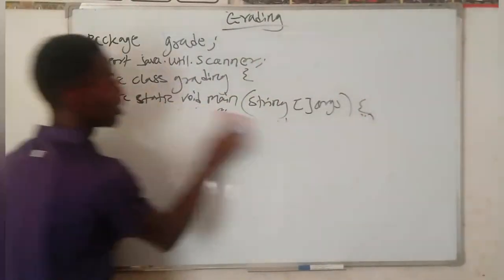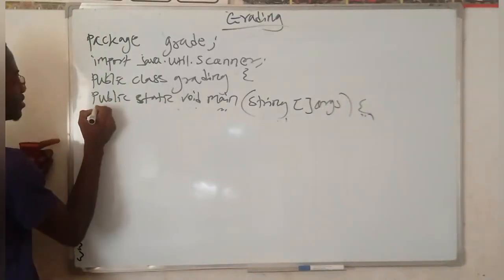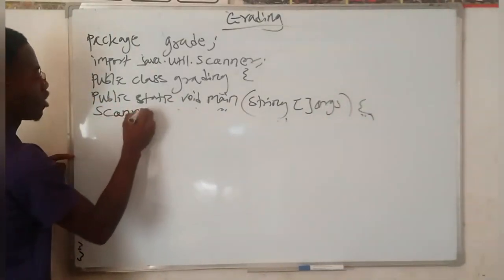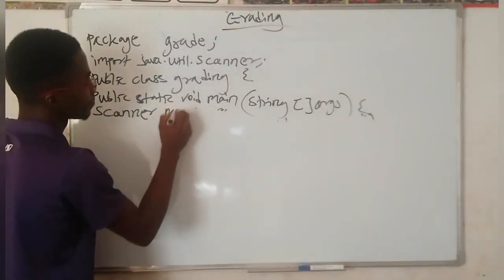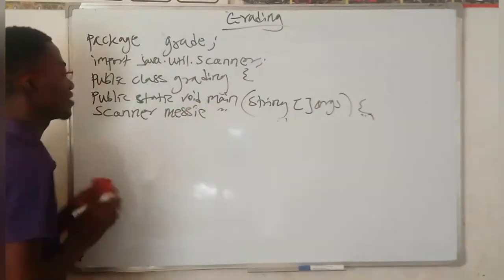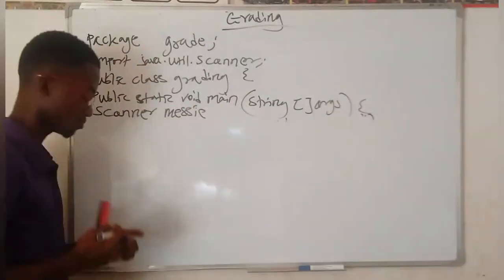I'm going to say my scanner object is going to be Messi. Messi is the name of my scanner variable.